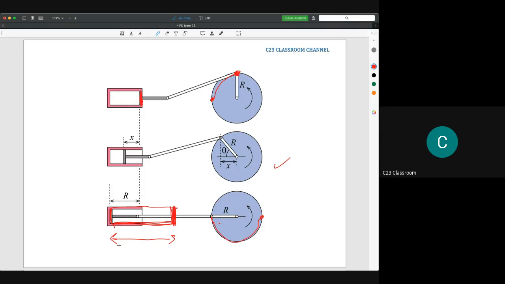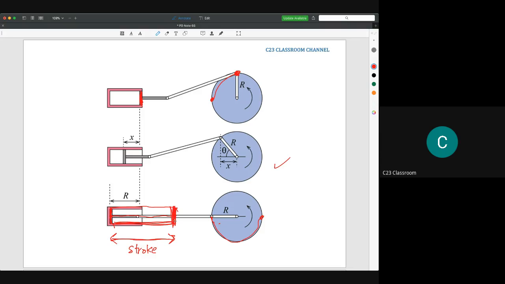So from this diagram, the distance here is called the stroke. So when we have a question, if the question gives you stroke equal to 300 millimeters, for example, please imagine that the stroke is the distance that the piston can move from the beginning to the end.